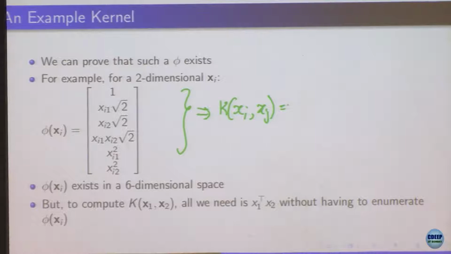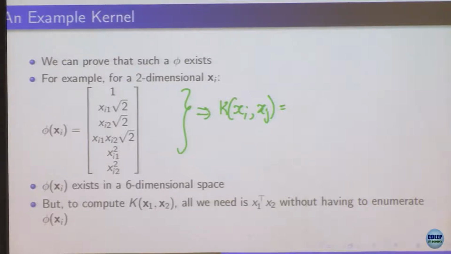What does this phi(xi) have? Phi is 2-dimensional. I mean, xi is 2-dimensional. It takes the first component of xi and multiplies it by a square root. The second component is multiplied by a square root, and then it also takes the product of these two components and multiplies that by a square root. It takes the square of the first component and the square of the second component. How many dimensions does it have?